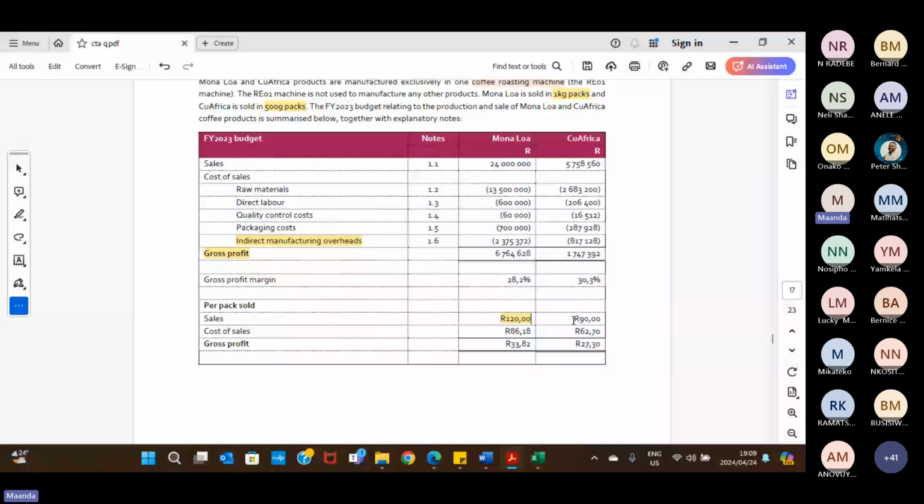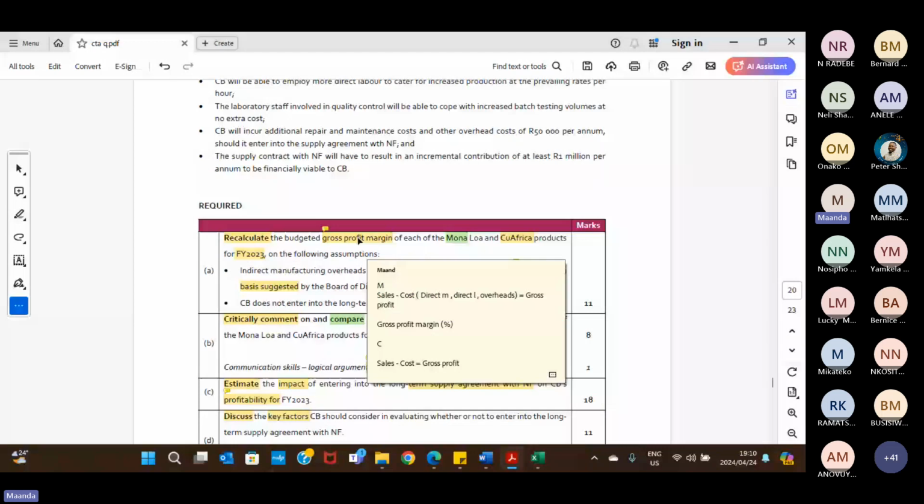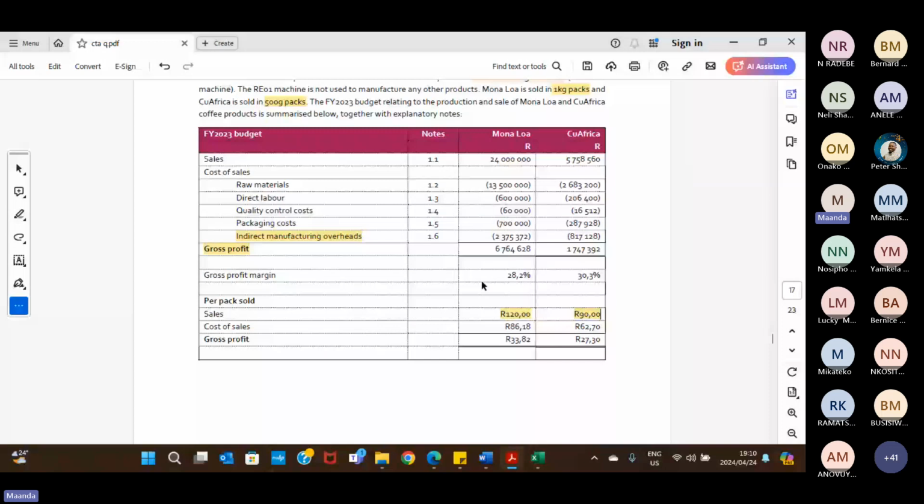So it's just a matter of taking this and putting it into my answer. Because I did my plan, and in most of my required I'm going to use my sales or compare my price, I now flag them to say these are some of the things that I'm going to discuss. All right, then we have cost of sales, then we have gross profit. Then let's go to 1.1.